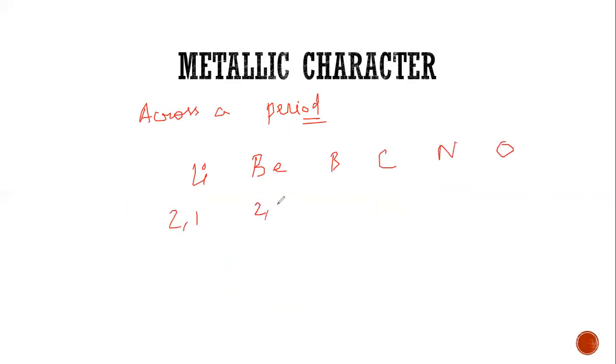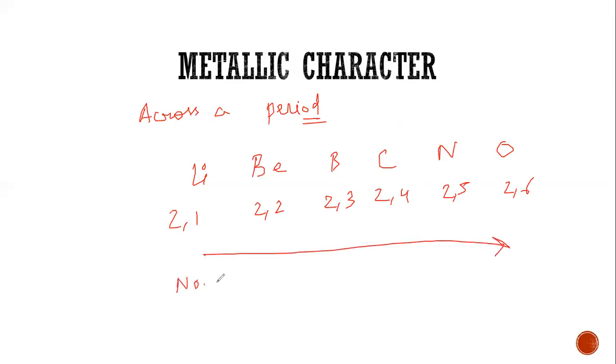Now let's see when we are moving across a period, like lithium, beryllium, boron, carbon, nitrogen, and oxygen. You can see it is 2,1; 2,2; 2,3; 2,4; 2,5; and 2,6. So when we are moving left to right, you can see the number of electrons is increasing in the same shell.